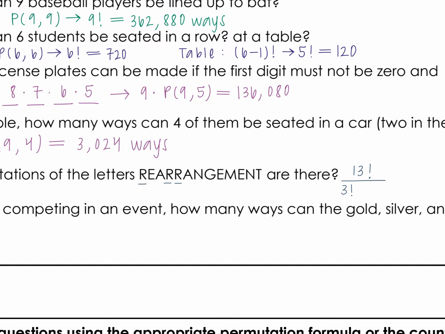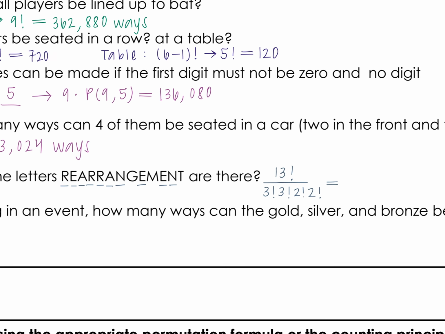Then we have E in there 3 times. We have that A in there 2 times. And then we also have that N in there 2 times as well. Okay, so when I plug this into my calculator, I should get 43,243,200.